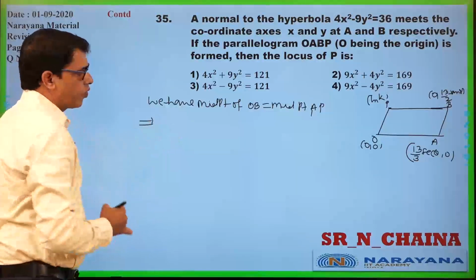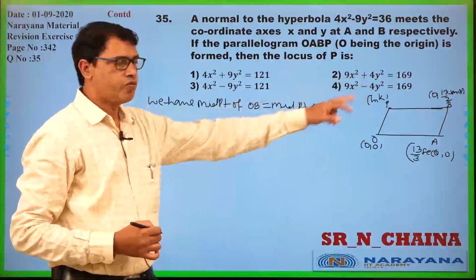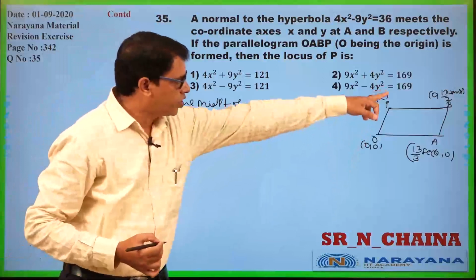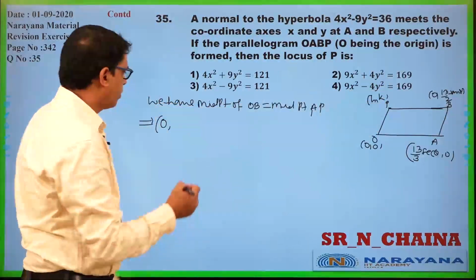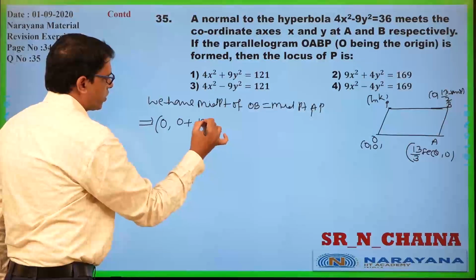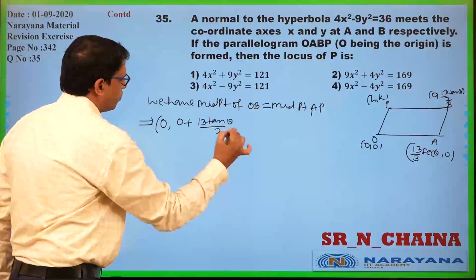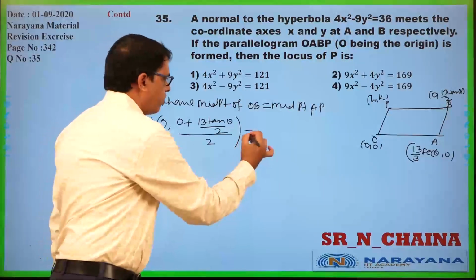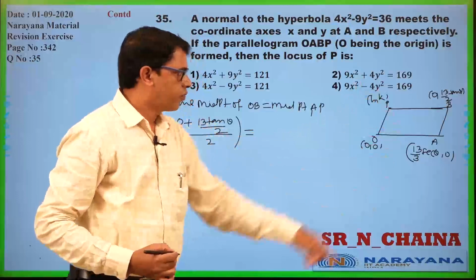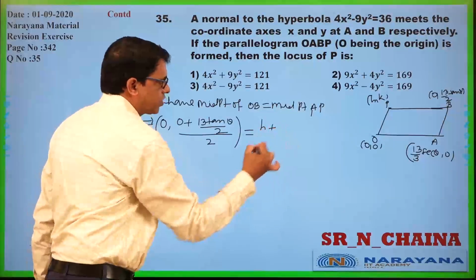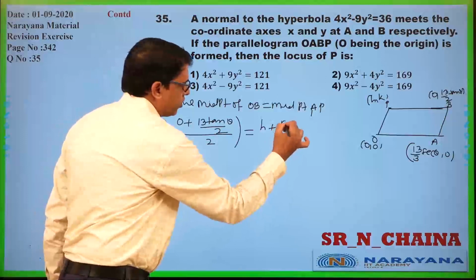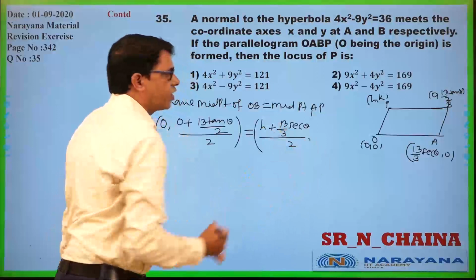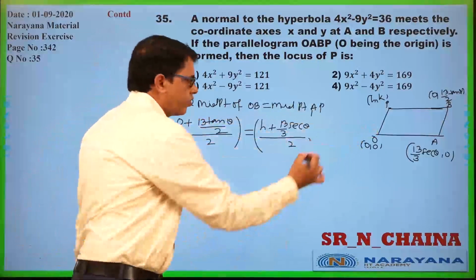That implies midpoint of OB is x1 plus x2 by 2, y1 plus y2 by 2. So 0 plus 0 by 2, and y: 0 plus 13 tan theta by 2, whole by 2. Now midpoint of AP: h plus 13 by 3 secant theta, by 2. Then y coordinate k plus 0 by 2, k by 2.